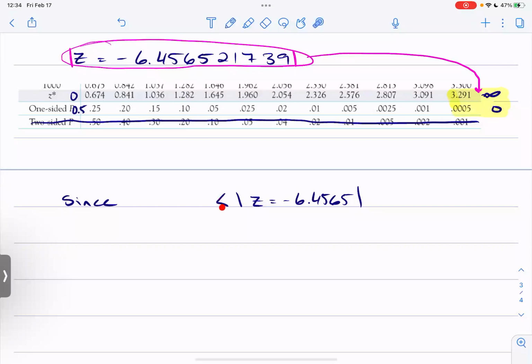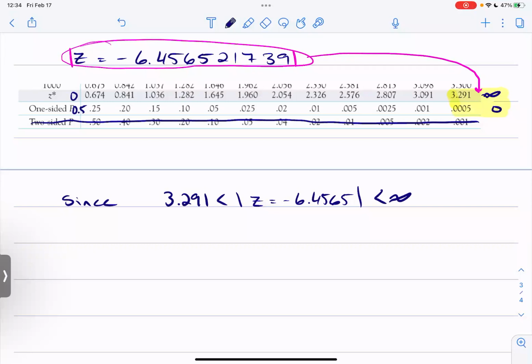If it makes an L, you read it as less than. So 3.291 is less than 6.4565, which is, and this is a fact, less than infinity.